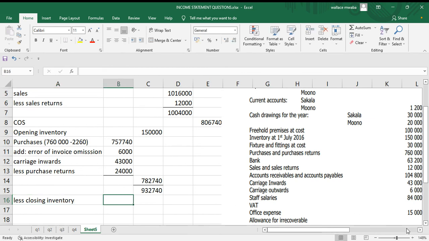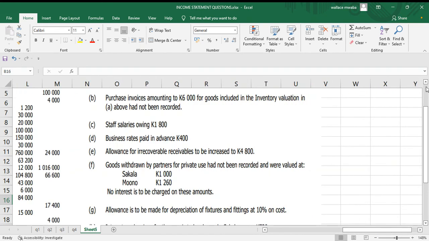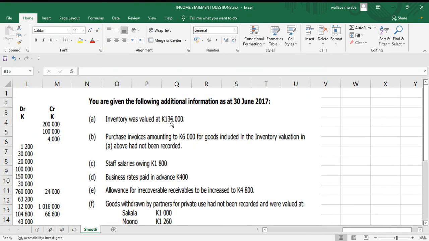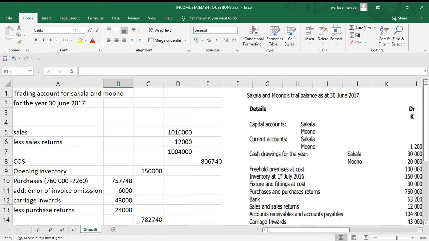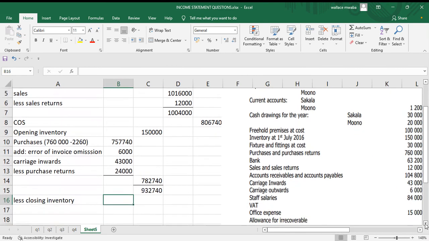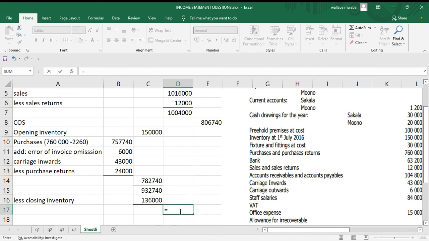As you can see here, closing inventory 136,000. So less closing inventory, 136,000.